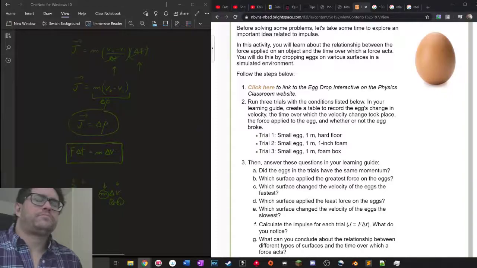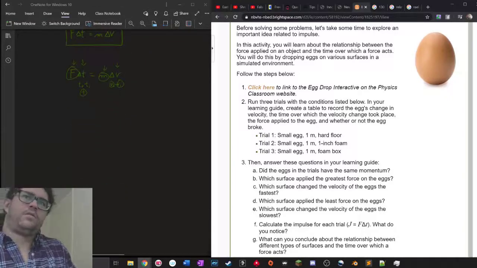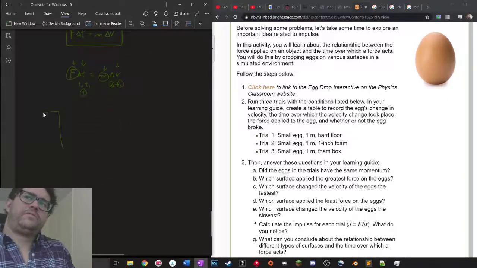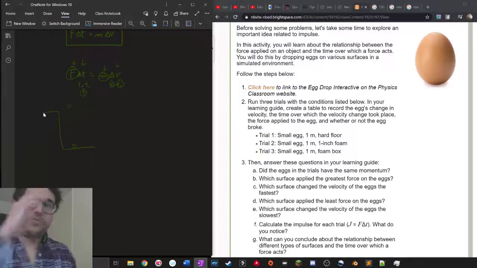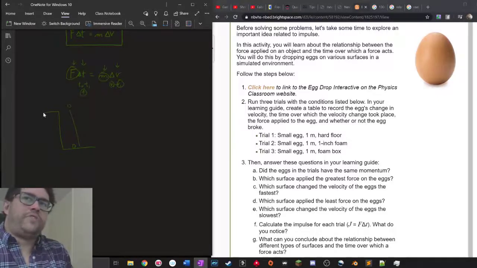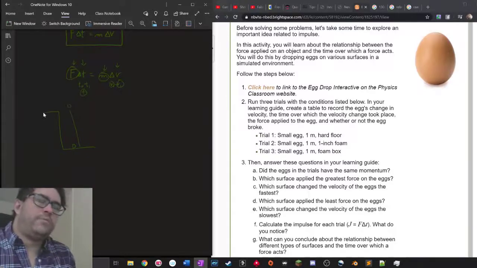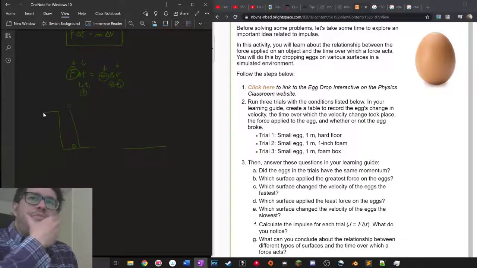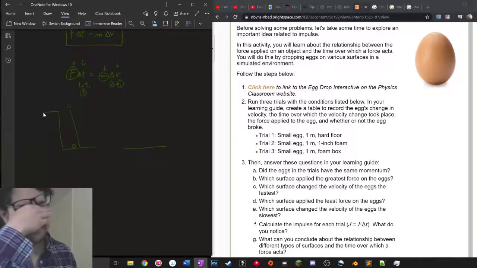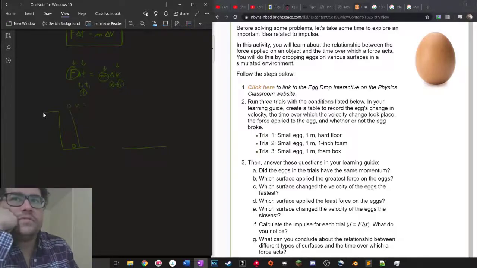The egg accelerates from the roof to the floor. This is not the problem that we're having. The real problem is on the floor. So let's go into a very macro view of the egg. The V1 here is 0, the V2 here is like minus 60 meters per second.